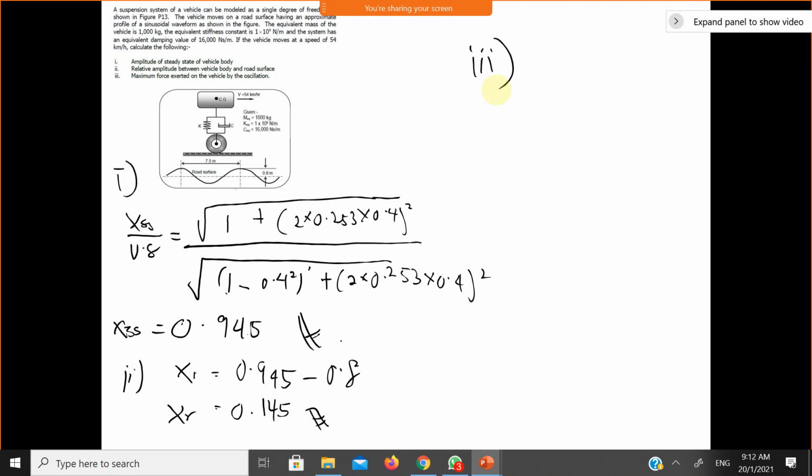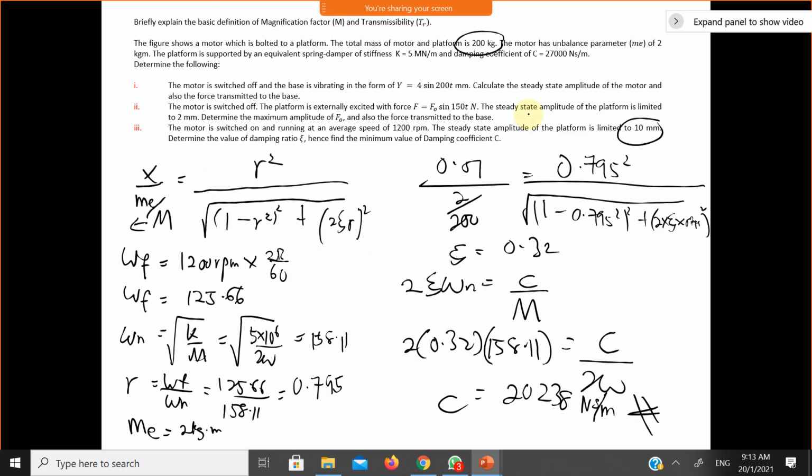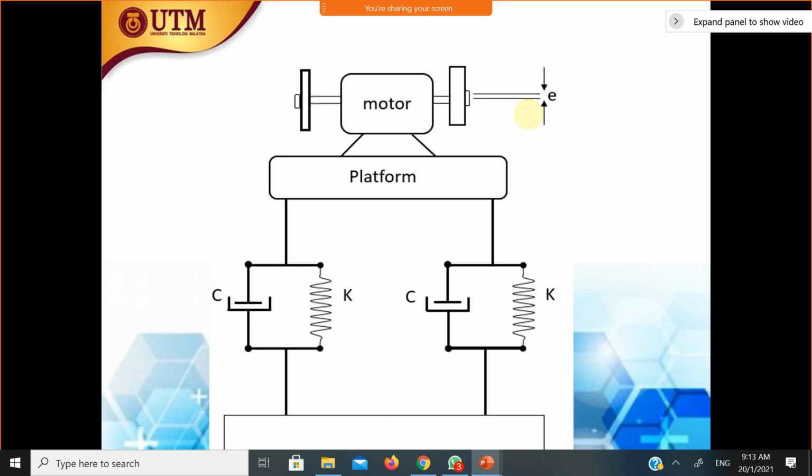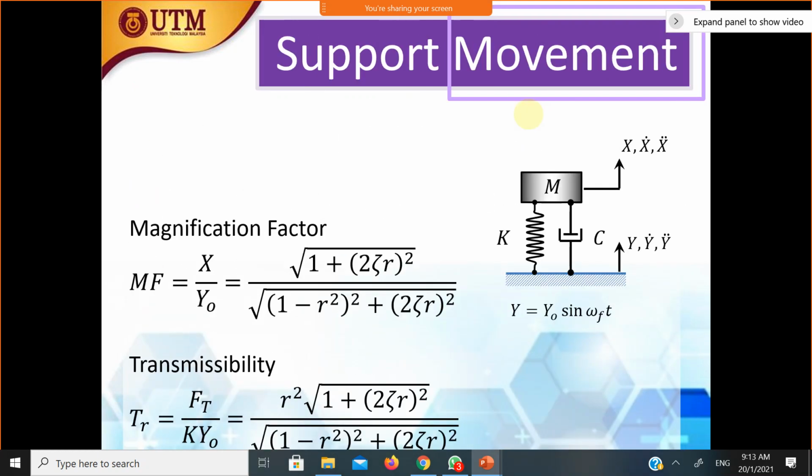Just using formula FT over 1 times 10 to the power of 6 times 0.8, that is K Y, sorry. Ini formula dia. Use which formula? This one. Alright, KY.